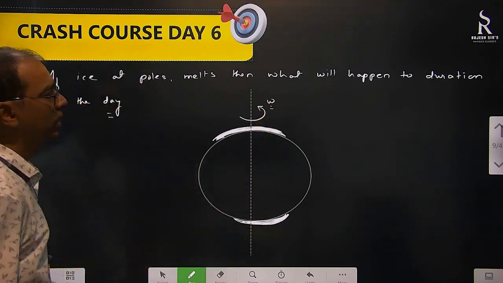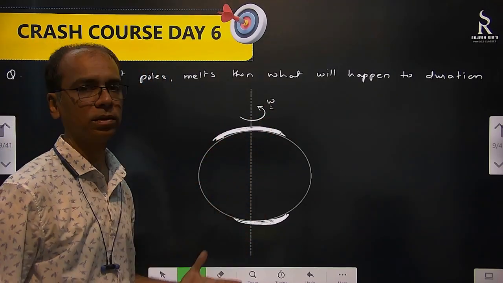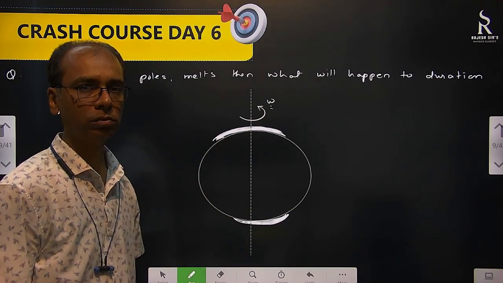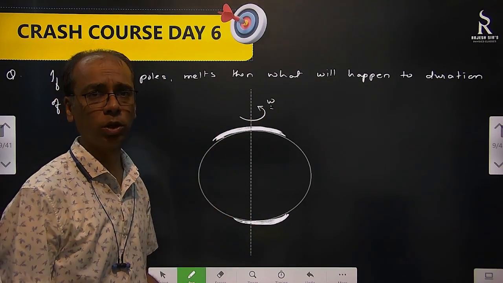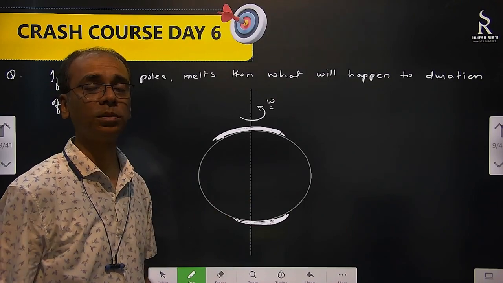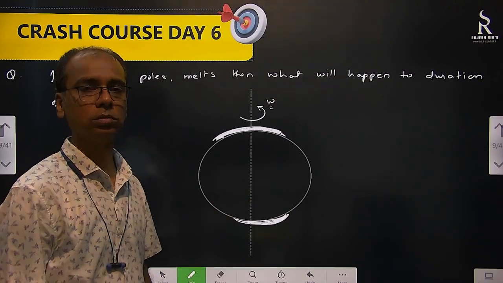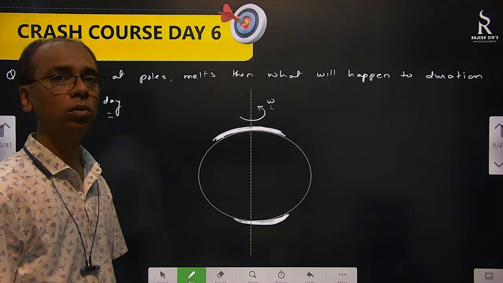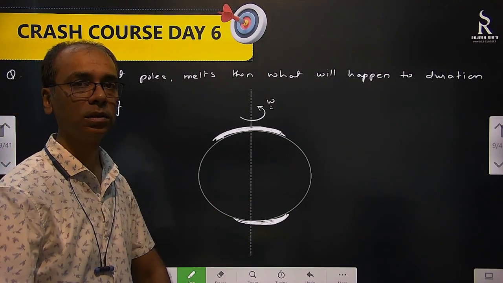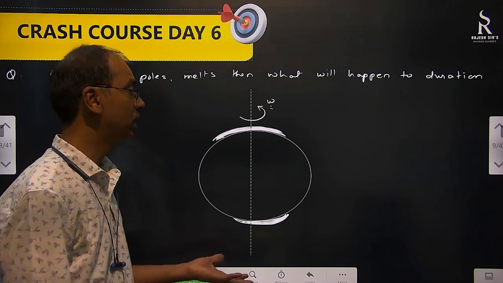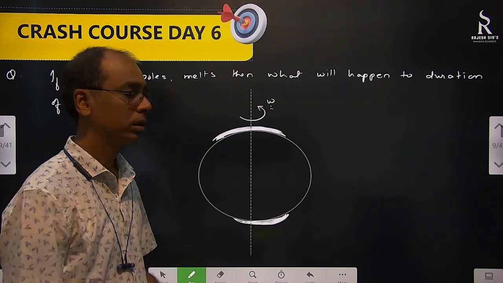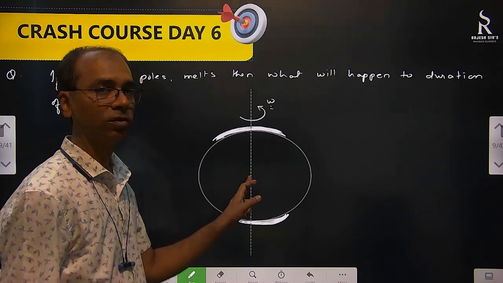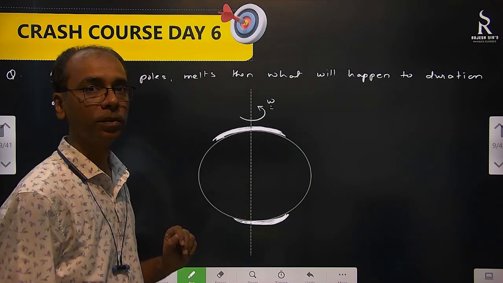When we say this ice is going to melt, where will it go? First of all, ice melts and becomes water, which means it can flow. So where will it go? It will go towards the center. Why? Because there is gravitation force acting on it. This is the center of the Earth, and from here gravitation force is coming.